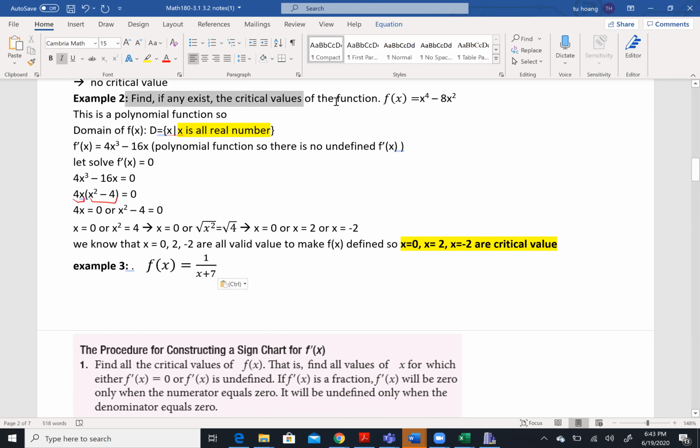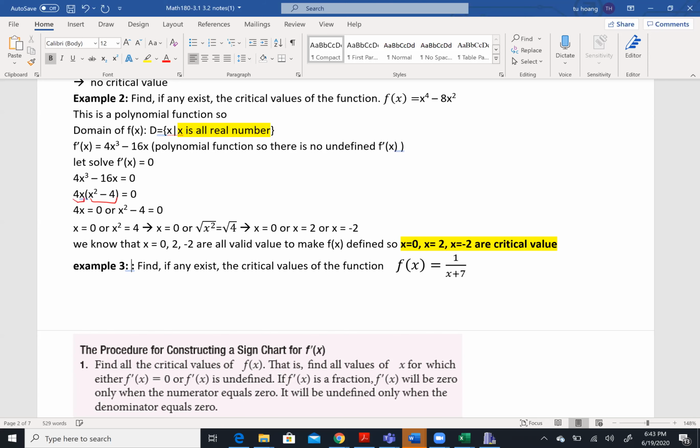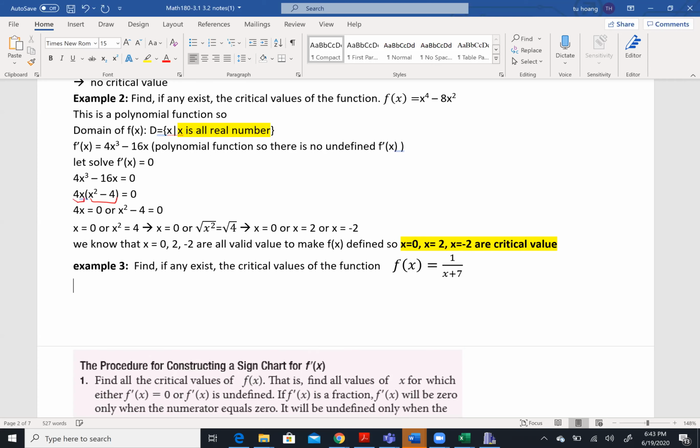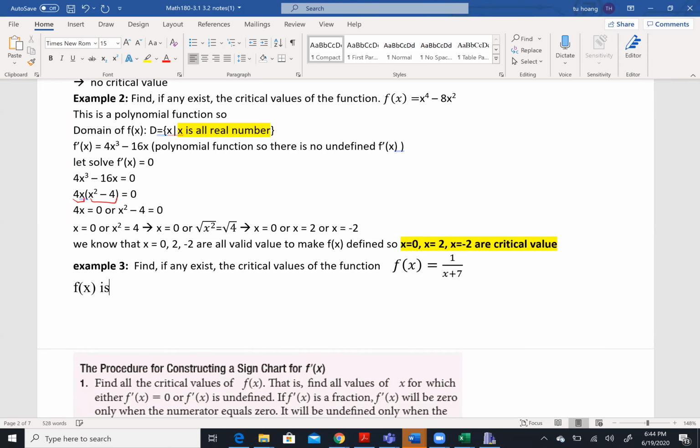I want to find if there is any critical value for the function f(x) equal to 1 over x plus 7. First thing I notice is that f(x) is undefined at x equal to -7, right? Because f(x) is a rational function, the bottom cannot be equal to 0.